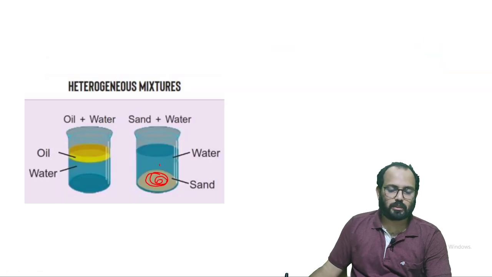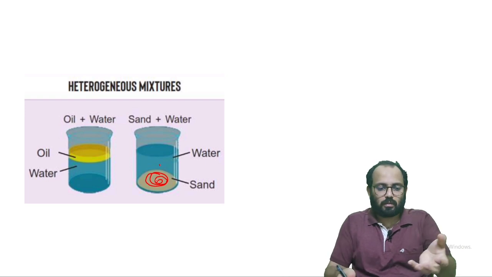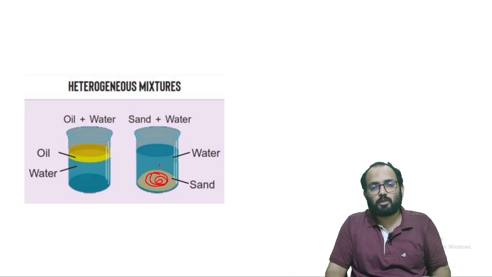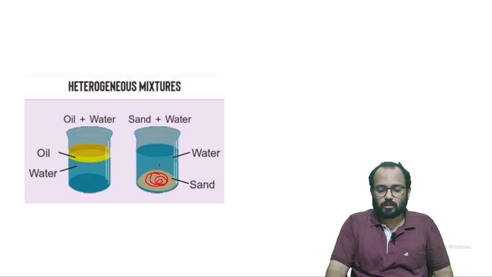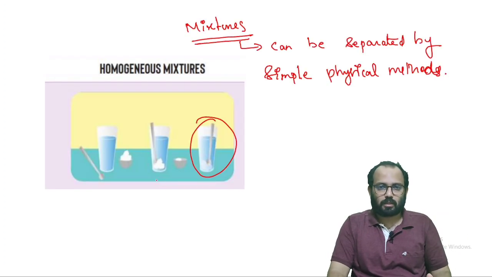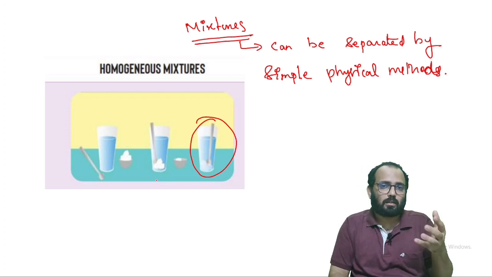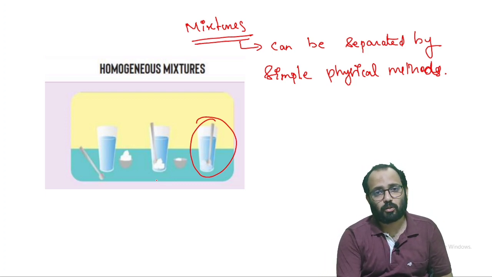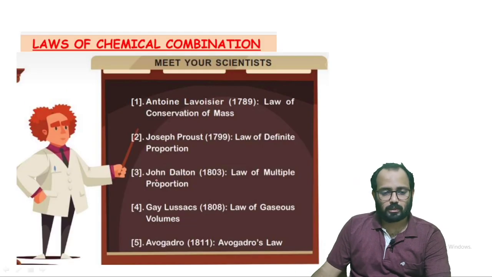Let's say this sand, I can take it out by simple hand picking. We can separate by filtration, by crystallization. So these are the simple physical methods we are telling. So mixtures can be separated by simple physical methods, and pure substance cannot.